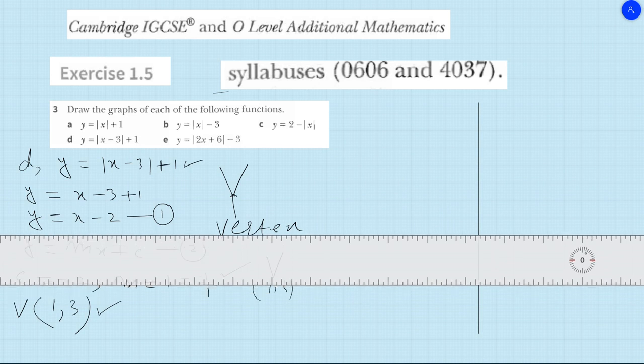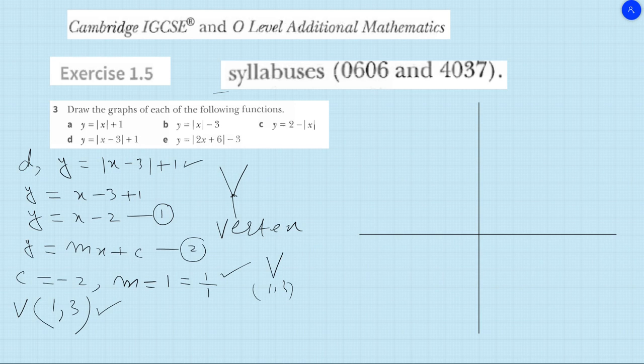Sorry for this. Okay. Okay. So our question is y equals absolute value of x minus 3, plus 1.